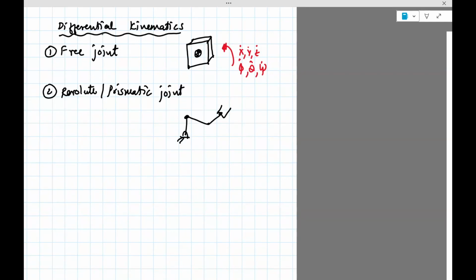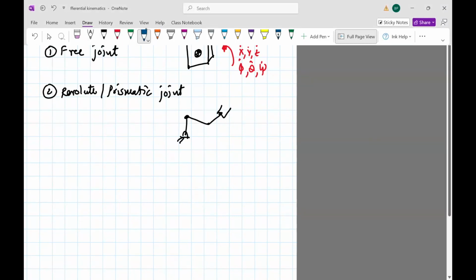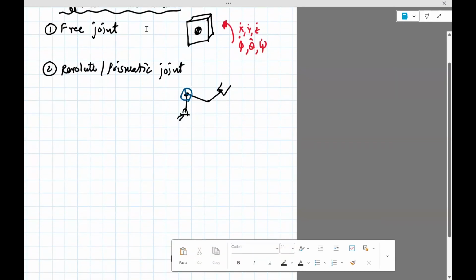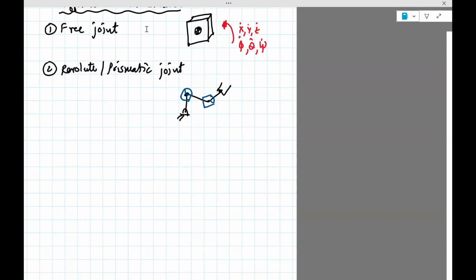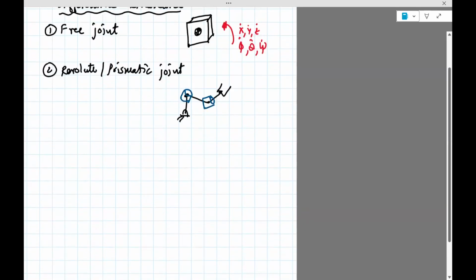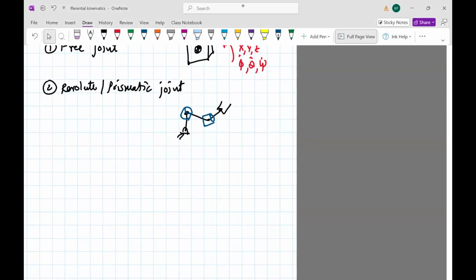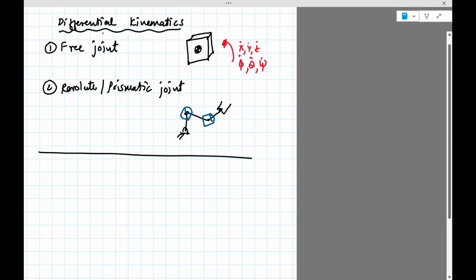That's it. But for a revolute joint, you only have 1 degree of freedom each joint, right? 1 DOF. So when there's a chain, it's constrained, and we need a different way of describing the motion. So let's look at both these joints. The free joint first.